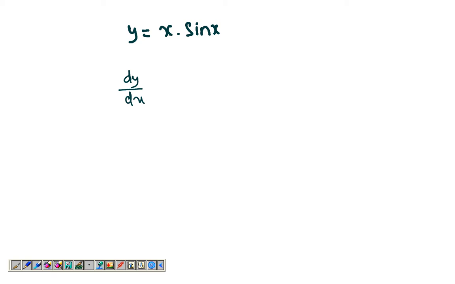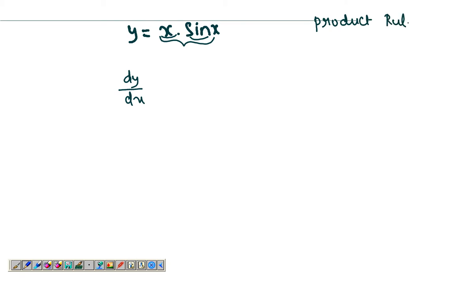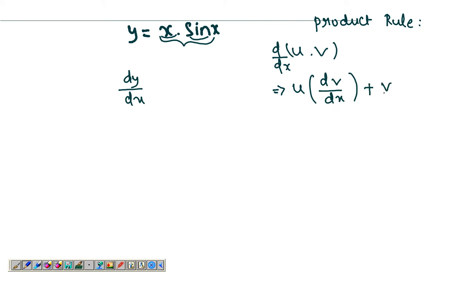So this is a very clear example of the product rule. You have two functions and you have their product. So according to the product rule, just state it again here, if I have u times v, two functions, and I want to differentiate them with respect to say x, you just keep the first function as it is, you differentiate the second function, and you add to this the second function as it is, and differentiate the first.